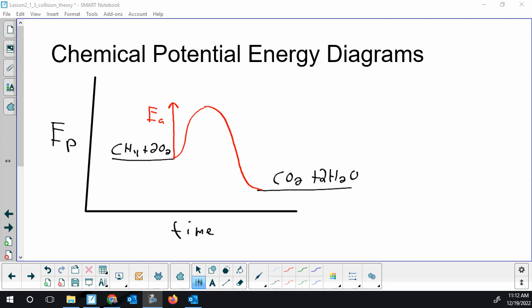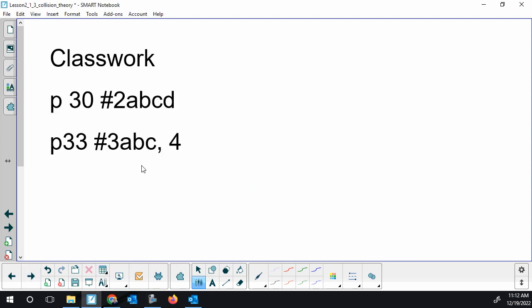Okay. So that's our last concept, activation energy. So for practice for this section, again, this is from the Edvantage 2 workbook, and we're well set up in the next lesson to start determining rate laws.